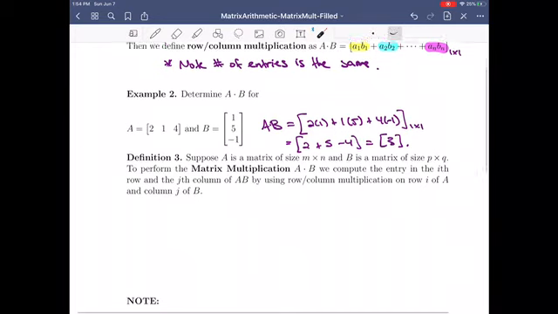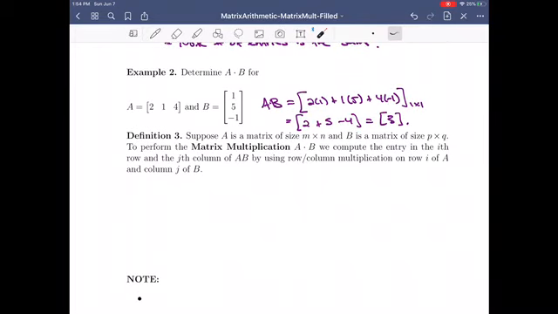So we're going to take the ith row of A, and to get the entry in the ith row and the jth column of our product, we're going to take row i of A and multiply it by column j of B.